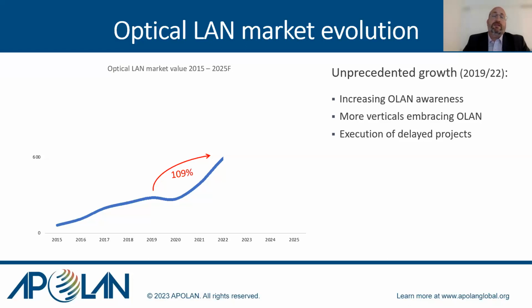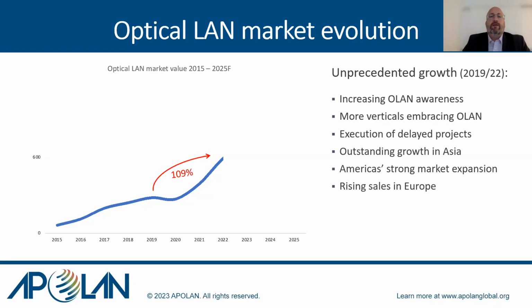There's the effect of projects delayed during the pandemic that were started at a later stage. But what was surprising was the outstanding growth that we saw in China, the very big growth that we saw in America, so North America and Latin America, and also rising sales in Europe, which is a late adopter of the technology.